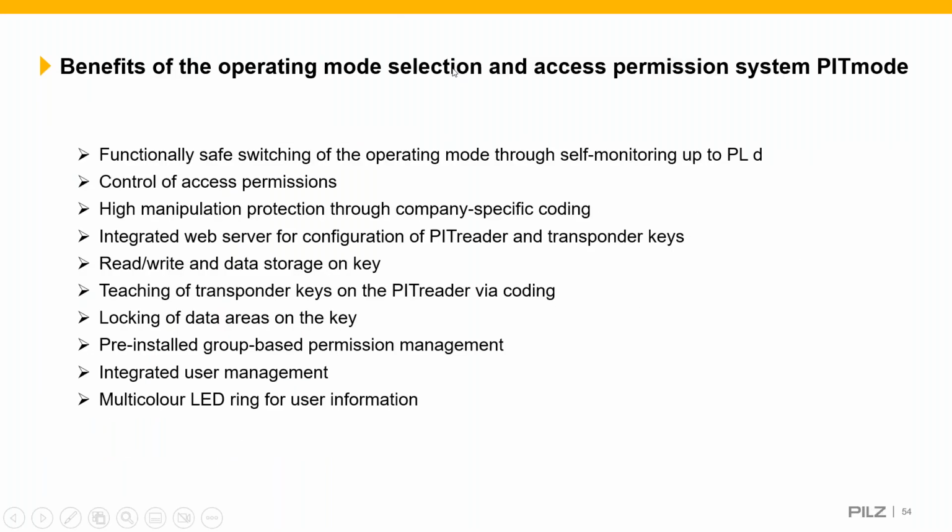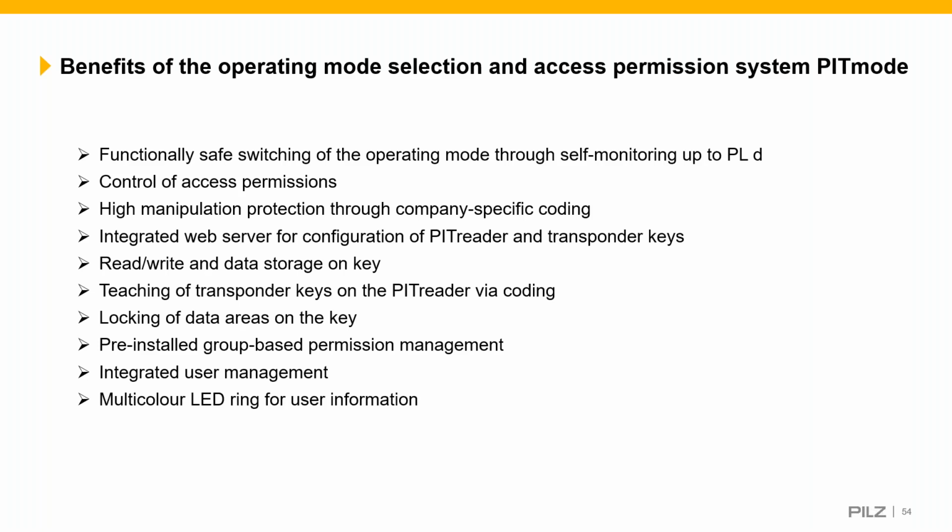So to wrap up, what are the benefits of the operating mode selection and access permission systems? Functionally safe switching of the operating mode through self-monitoring, it's PLd. It's a control of access permissions. You've got high manipulation protection through company-specific coding. It's an integrated web server for configuration of the PIT reader and transponder keys.